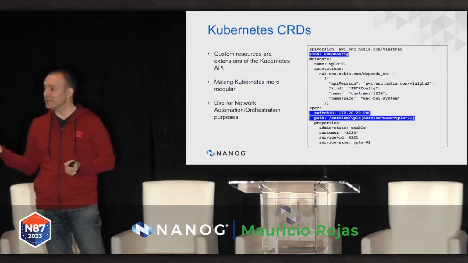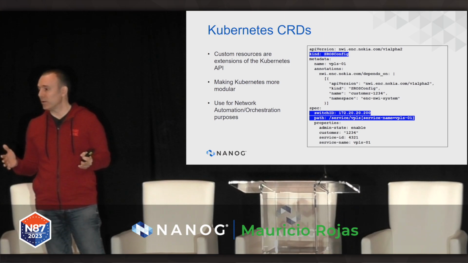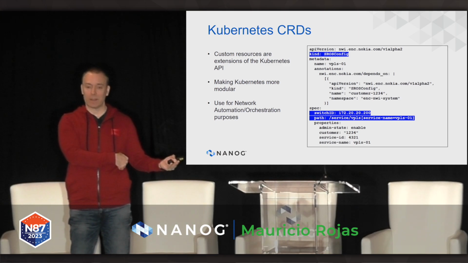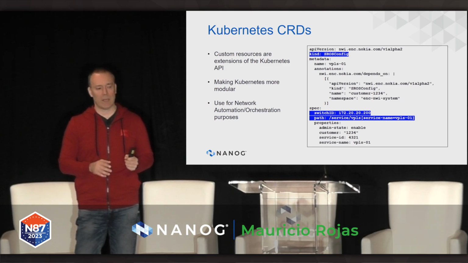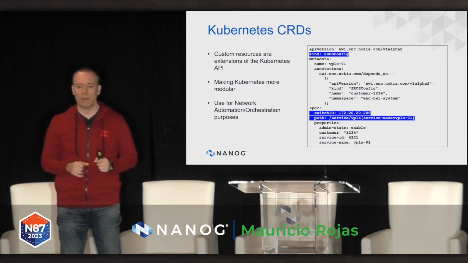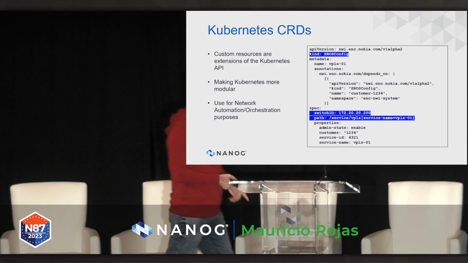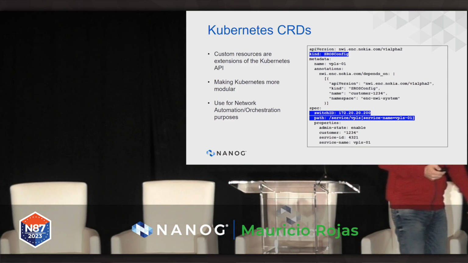I can get all the events directly from GNMIC and see if maybe my changes are not working, and I can just change that back, or I can adjust depending on specific events on my network. There are many things that I can do with something like that.